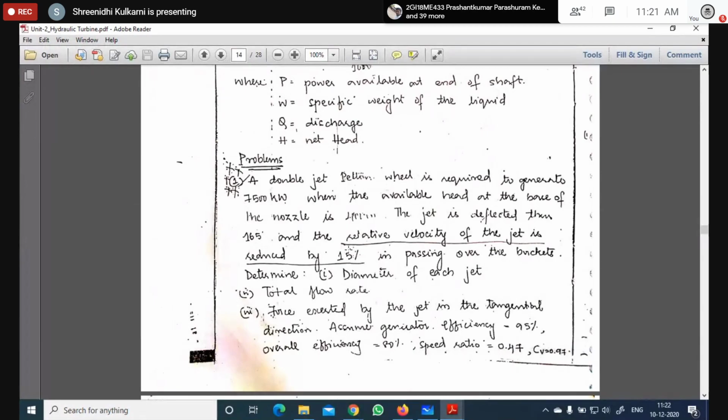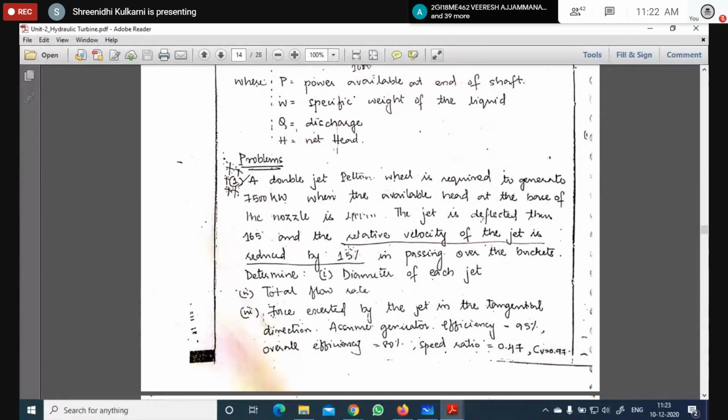You completed the Pelton wheel experiment in your lab, right? In our lab model, how many jets? It is only one jet.